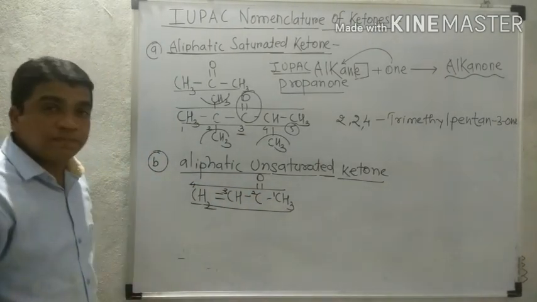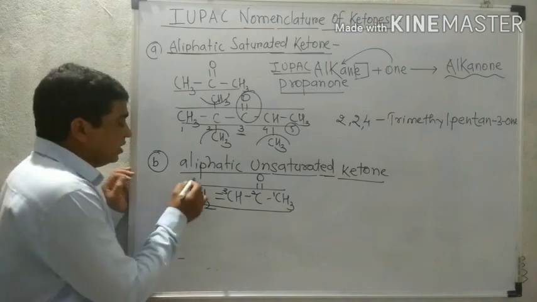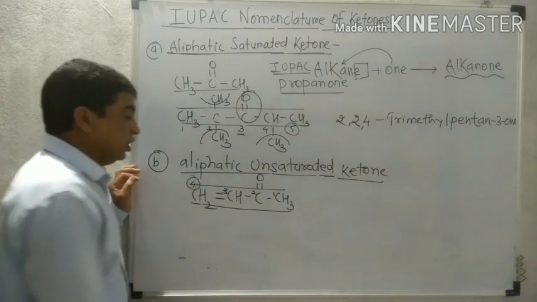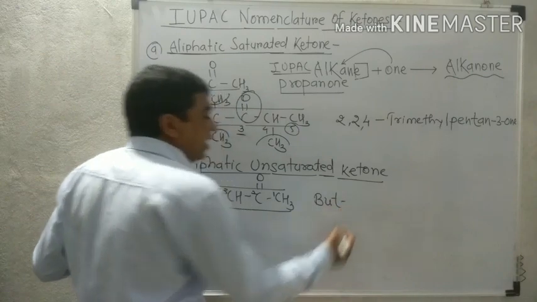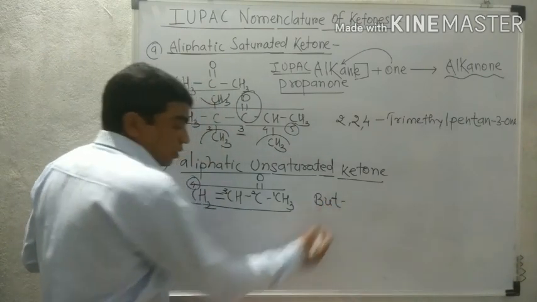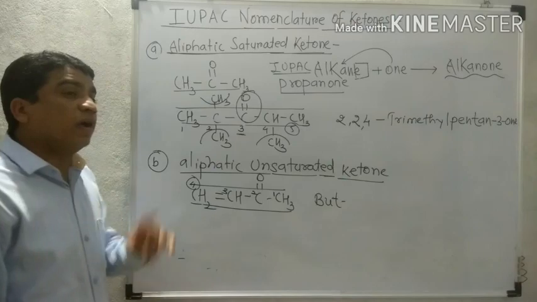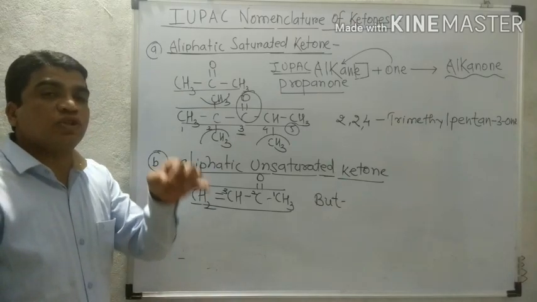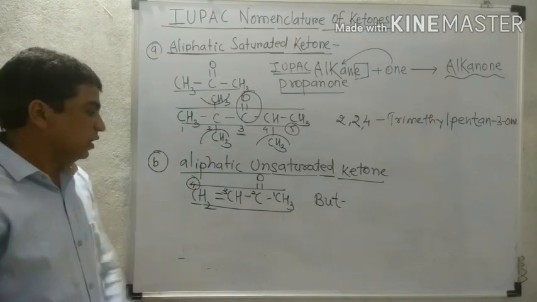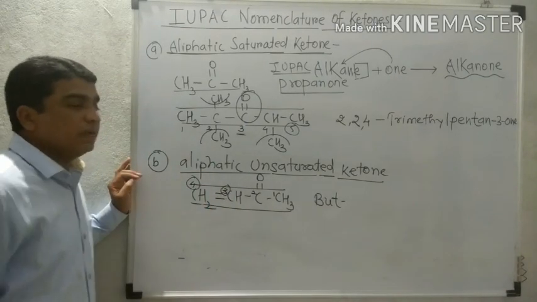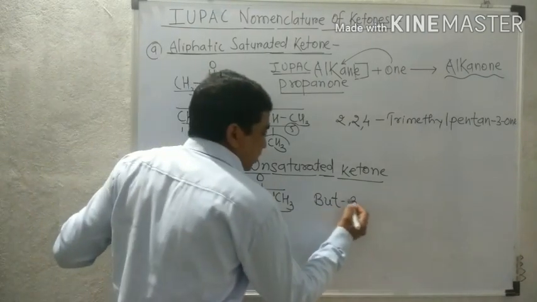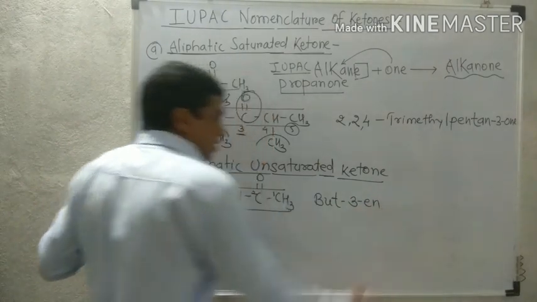Then, how many carbon atoms in the chain? 4. Therefore, the respective alkene is butene. So we write here but, because we want to write again the position of the double bond separately. Where is the double bond located? At the third carbon. So: but-3-en.